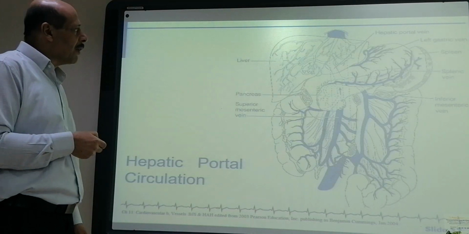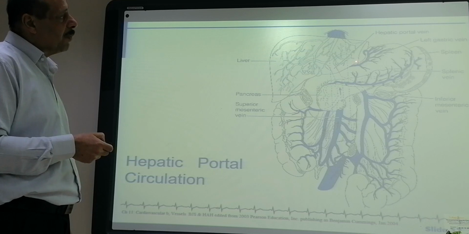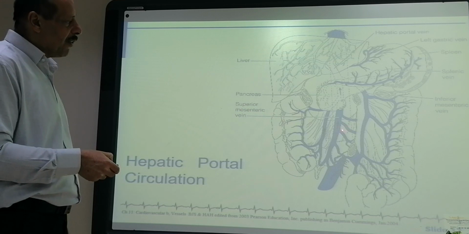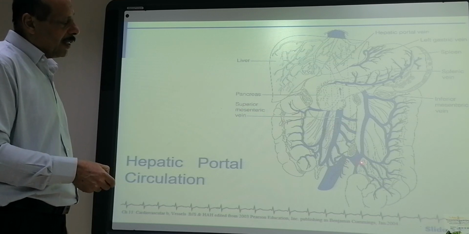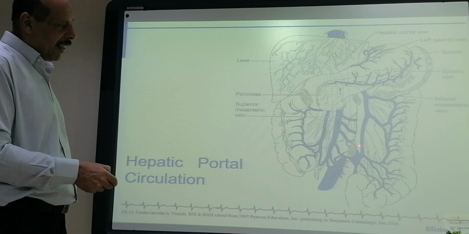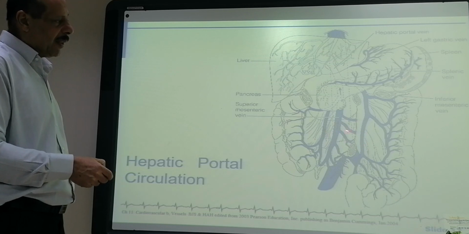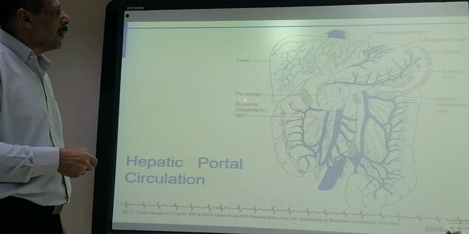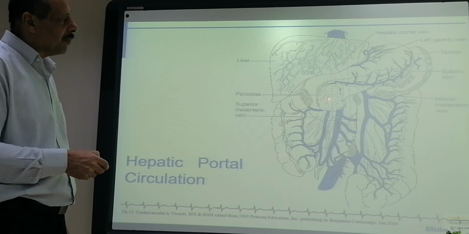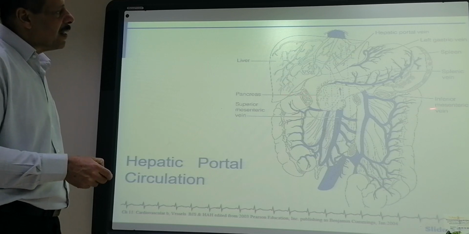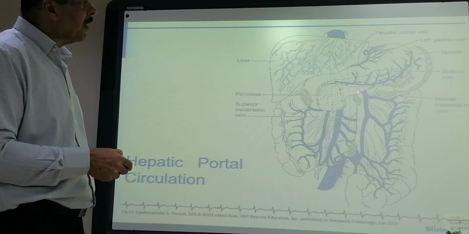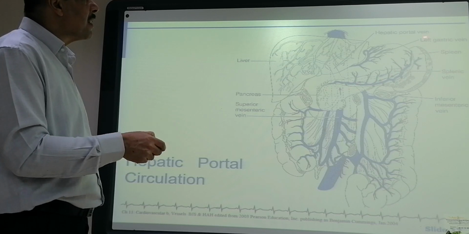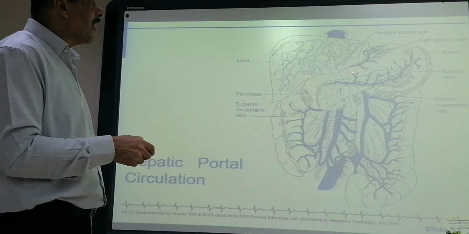In the hepatic circulation, we have the superior mesenteric vein, which is taking blood and nutrients from the intestine and from the mesentery. We have the pancreas, this is the inferior mesenteric vein, this is the splenic vein, and this is the left gastric vein.